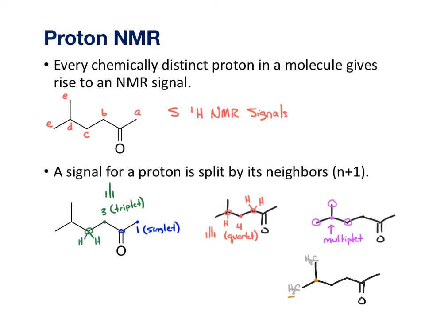Here's the neighbor. The neighbor has 1 hydrogen. 1 plus 1 is 2. That'll split into 2 lines, or a doublet. So a doublet's just kind of like that. So that's the four types of signals that you would see in the NMR spectrum.